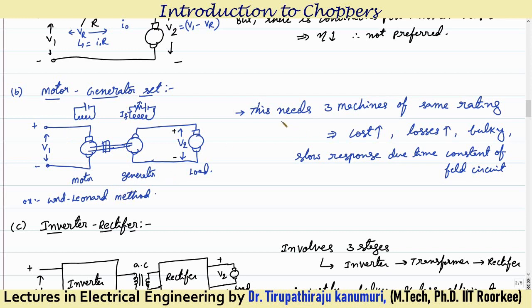I am summarizing that this needs 3 machines of the same rating, so cost increases drastically, and the losses are high. The third one is that it is very bulky and has slow response due to the time constant of the field. When you vary the field, the voltage will not change that fast. So that's why this method is also not used in practice.